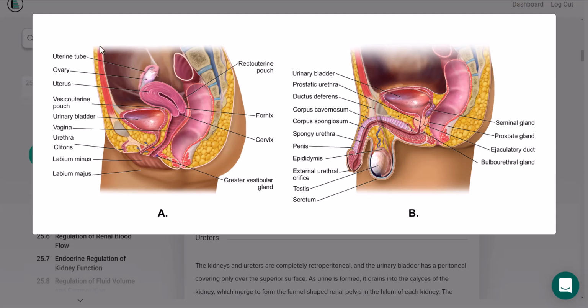In the female, same thing. Parietal peritoneum, but it wraps over the top of the uterus. And so what we see is that the bladder is underneath the peritoneum. So not only are the kidneys retroperitoneal, but also the bladder is outside of, or you could say underneath, the peritoneum as well.